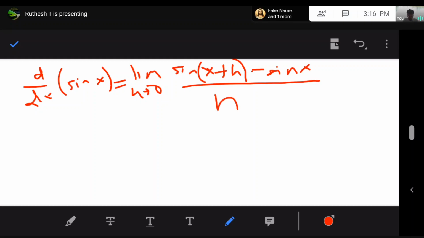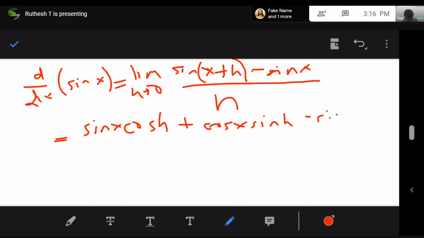And using the sine of a plus b formula, you can expand sine of x plus h to get sine x cosine h plus cosine x sine h minus sine x over h.